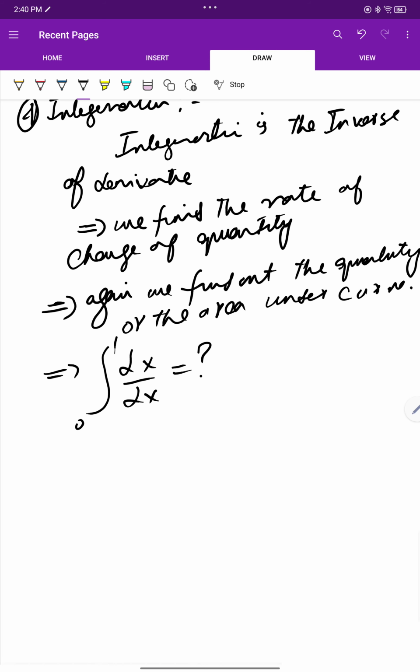So this is integration. What we're going to do is mostly in the next lecture.